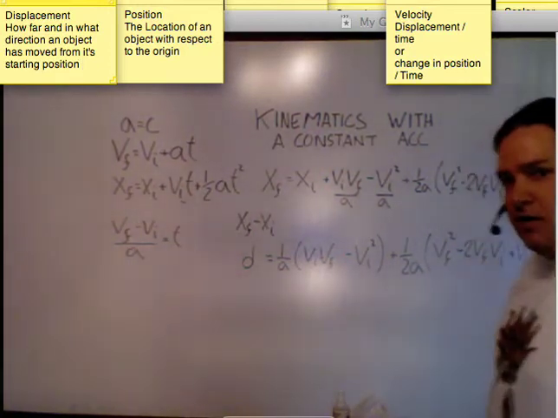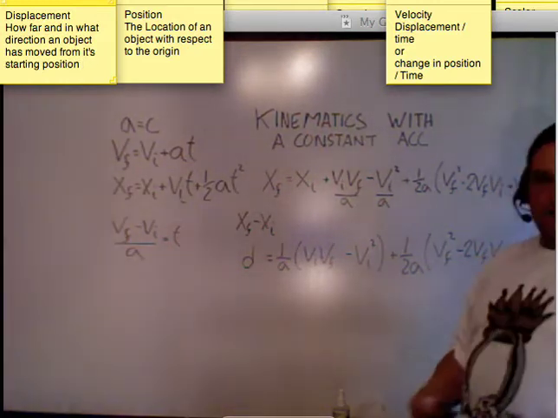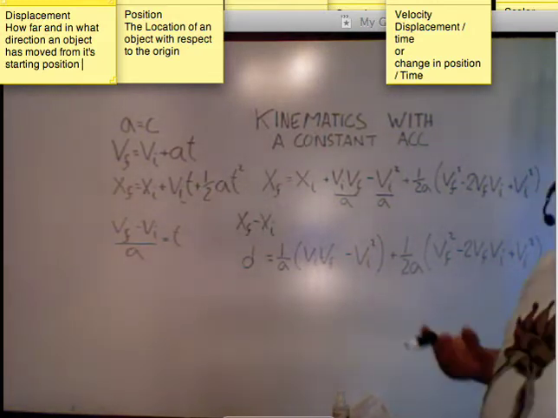That doesn't look like it really simplified anything anymore, but it does give me the next thing I want to do. Look, I have A here and A here. Let's move it over to the other side.